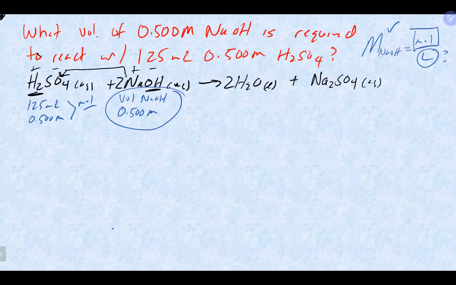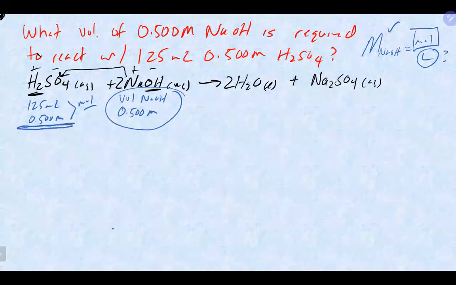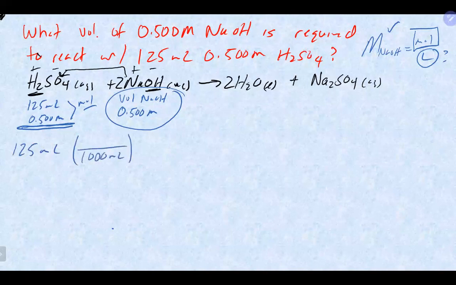So we'll start like normal here. We're going to take the only thing that we could get to moles in, which would be this. We want to convert our volume into liters, which it always needs to be when you're using molarity. Basically move it over 3 places, or divide by 1,000, which gets us to 0.125 liters.